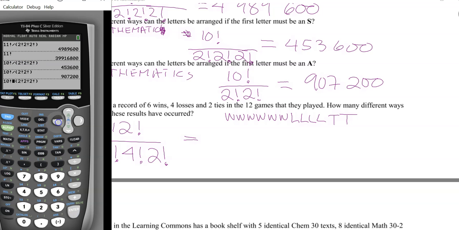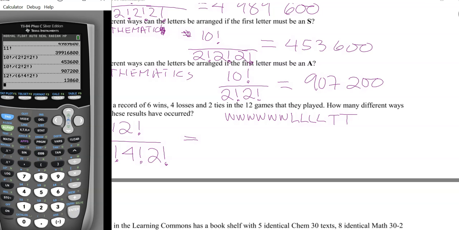Change that to a 12. I'm lazy, I don't want to type it in again. And 6 factorial, whoops, 4 factorial, 2 factorial. Right, so just think about wins, losses, ties, right? Well, it's like letters. We can make it like a word consisting of 6 W's, 4 L's, and 2 T's. And we get 13,860.